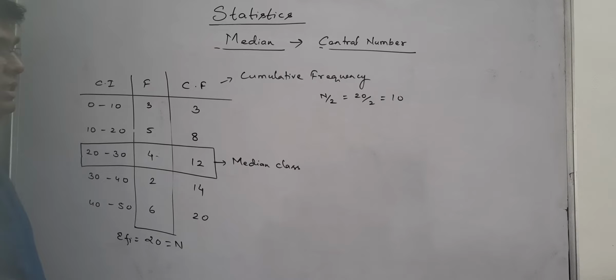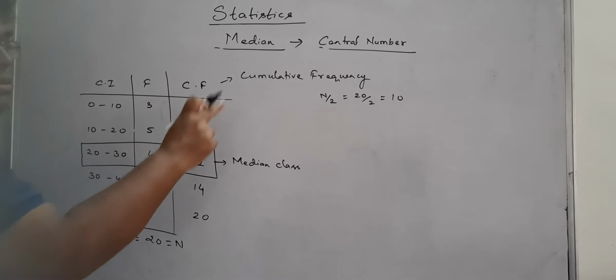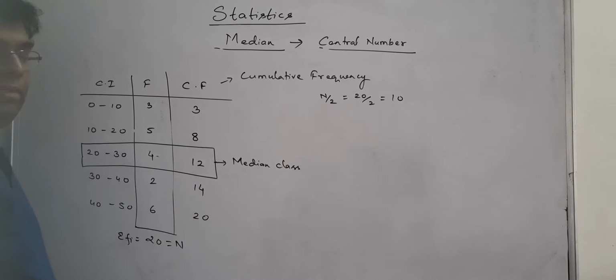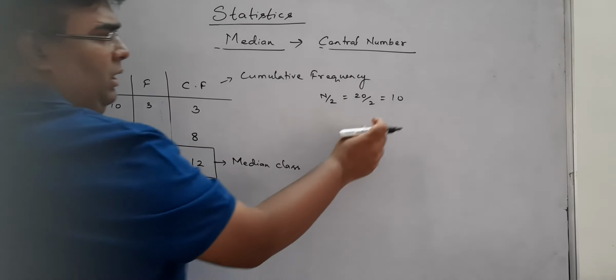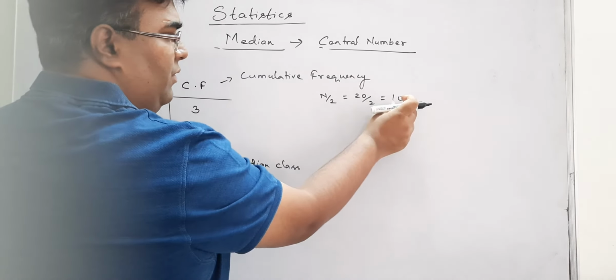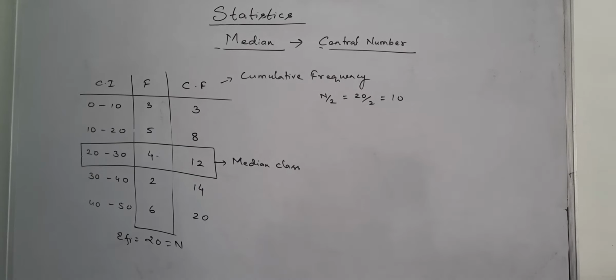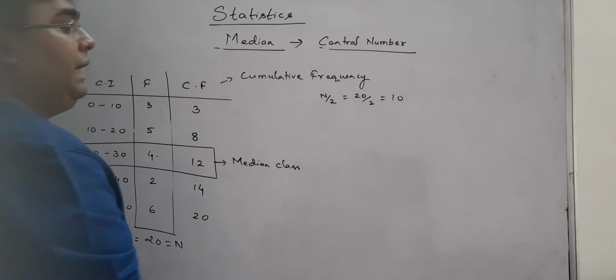So in CF, this interval includes the number 10, because 10 is greater than the previous CF. The interval which has a CF greater than this number will become the median class.